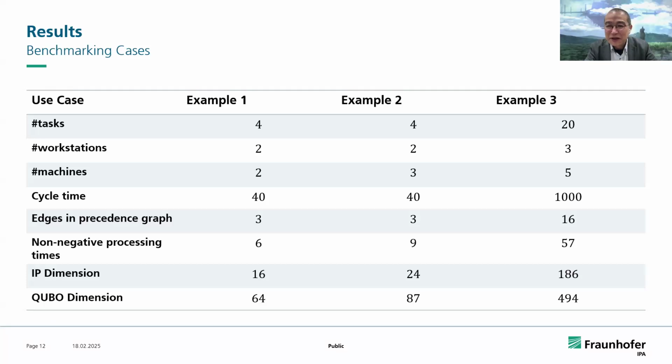What we've found is that we didn't look a lot into tuning the quantum annealer hyperparameters. We just used the default ones because none of us were experts in hyperparameter optimization.